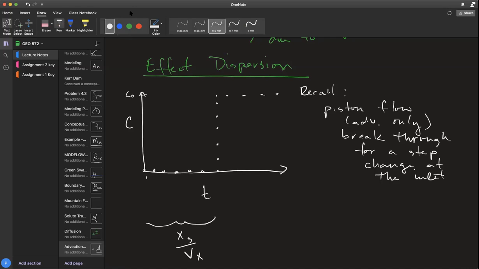And so what happens with dispersivity is that we chug along for a while at c equals 0, but then our fast fluid flow paths start to show up, and we start to see a rise before the average velocity time, right?